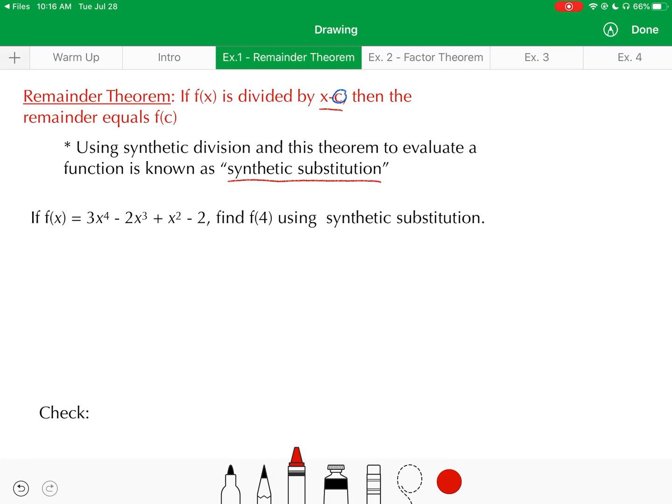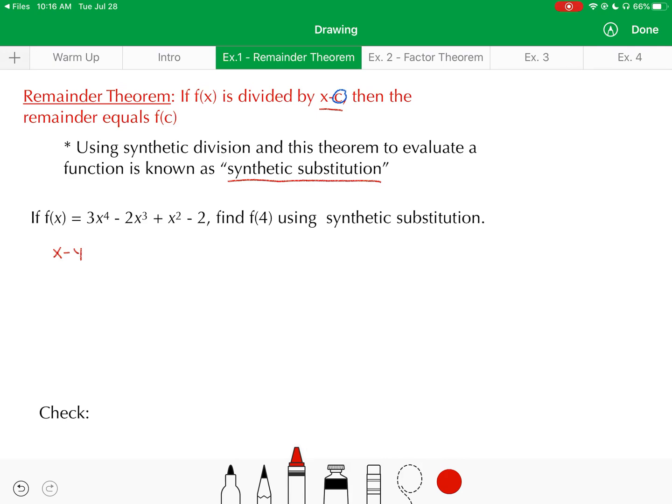I have the function f of x, and I'm trying to evaluate it at 4. I want to find f of 4, but I want to do it with this new process known as synthetic substitution, okay? So if you're trying to evaluate at f of 4, then using this remainder theorem requires you to think as though you're dividing the function by x minus 4, okay?